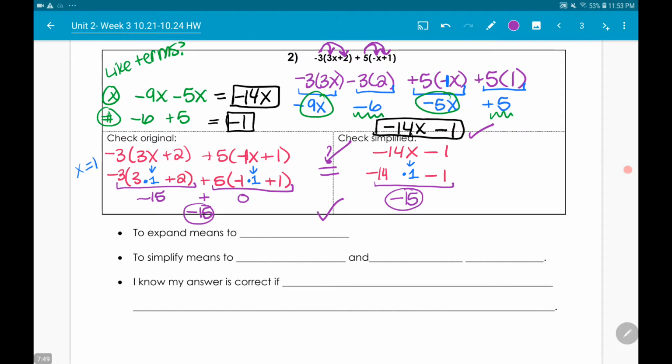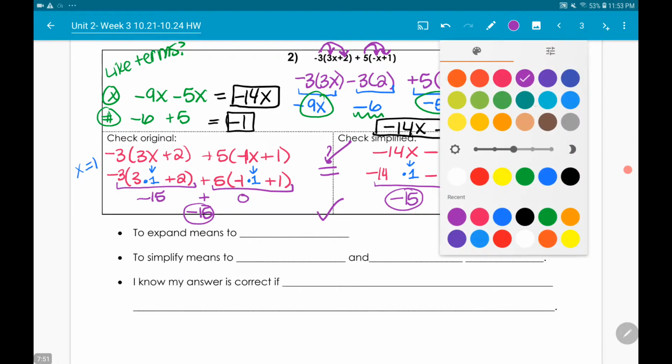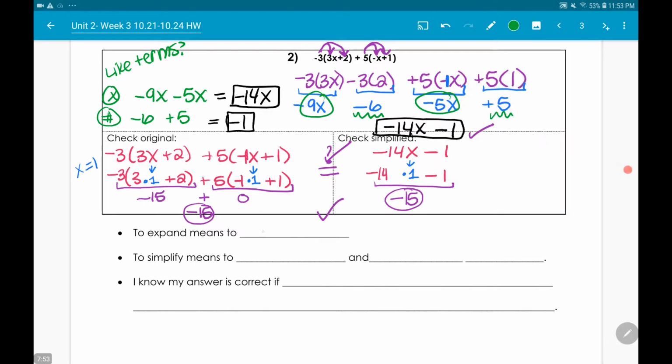All right, so let's just do a little recap. To expand means to distribute. To simplify means to multiply and combine like terms.